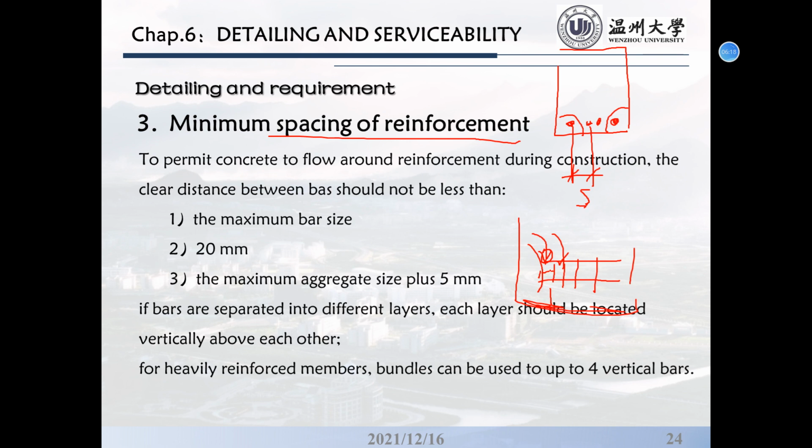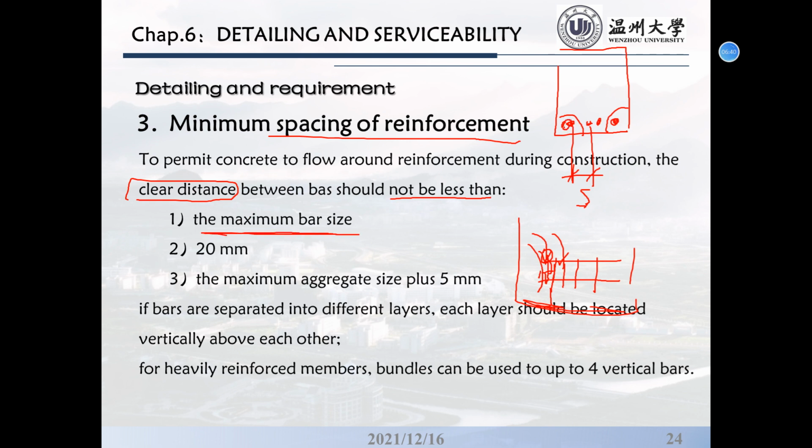So it needs enough space for the aggregate to flow through. During construction, the clear distance between the bars should not be less than the maximum bar size.